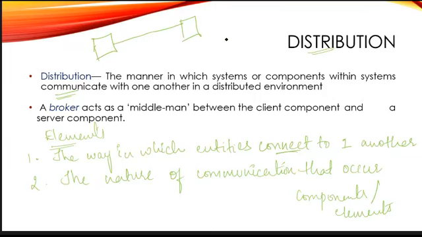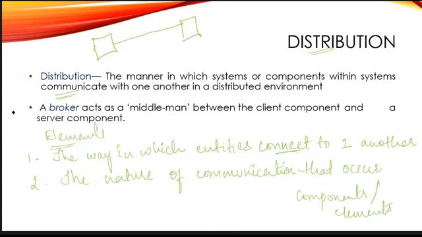Shared memory is where all of your data is stored within a file that is accessed by the different components. That is one way of communication. Message passing means you request some specific data from the application by sending a message, and the other party replies with that particular data. That is how you can communicate between the different applications.